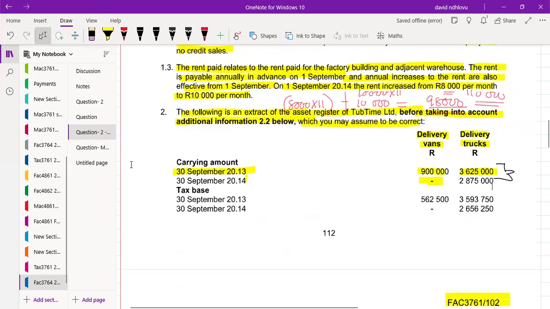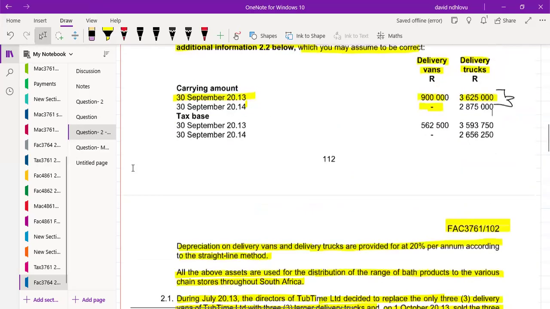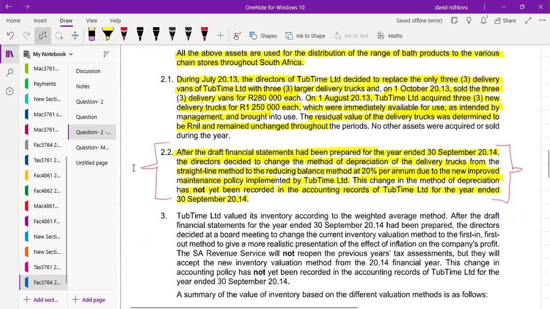It doesn't matter if the change is done in the middle of the year or if it is agreed to at the end of the year. We have got to drop back to the beginning of the year. That's why you see this change was agreed to at the end of the year, but we are working with the opening balance, which is the carrying amount at the beginning of the year. So what was the change like? This is what they say.